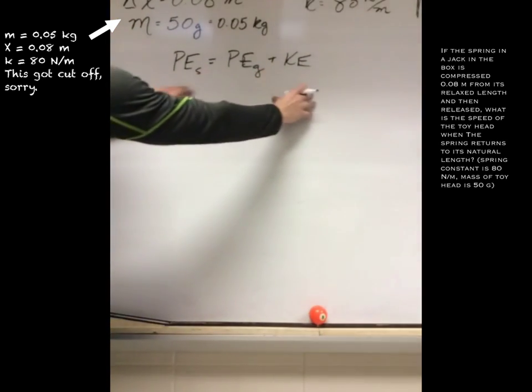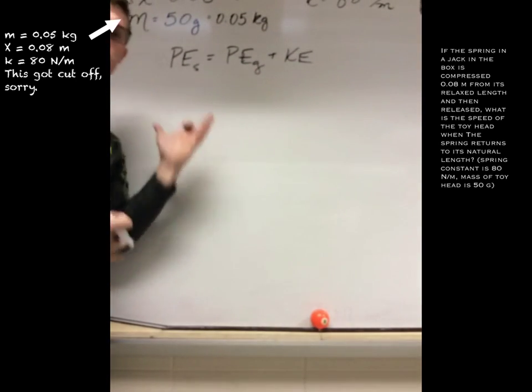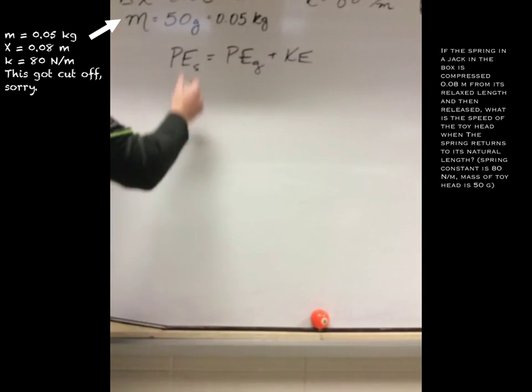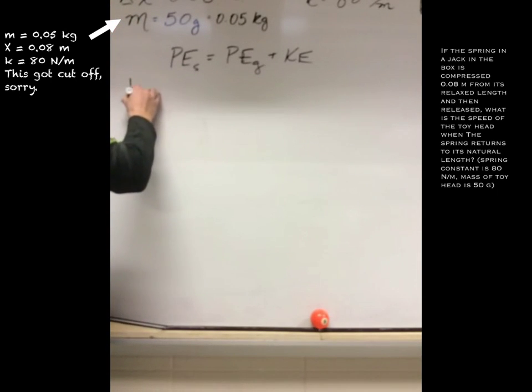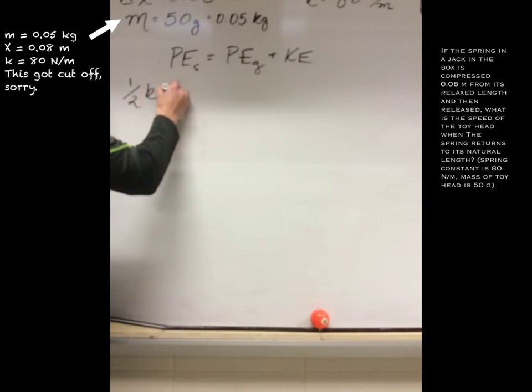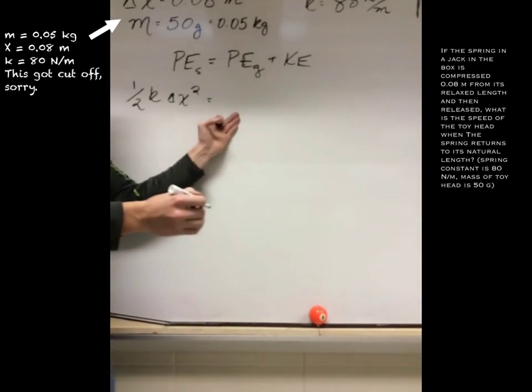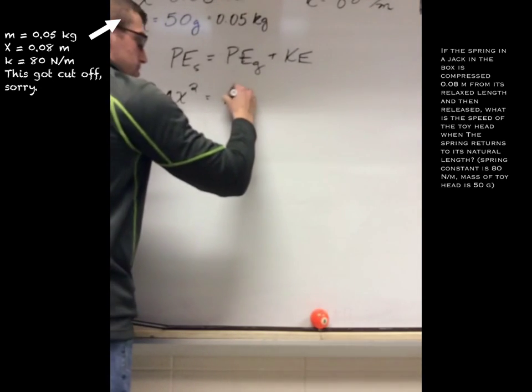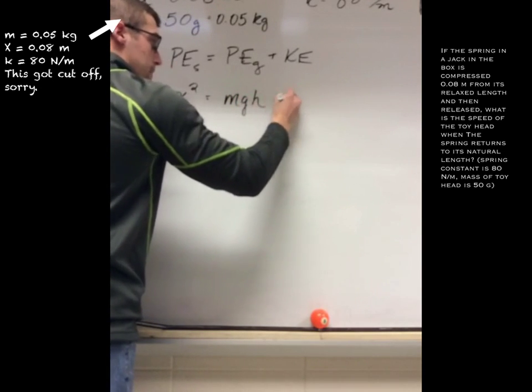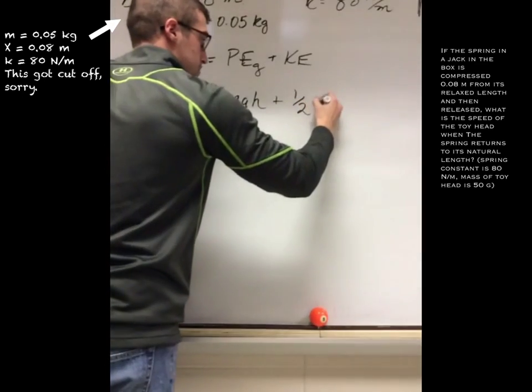And now we extend these out and plug in our known equations for all these types of energies. Our elastic potential is 1/2 k change in x squared. And that equals our gravitational potential equation plus our kinetic energy equation.